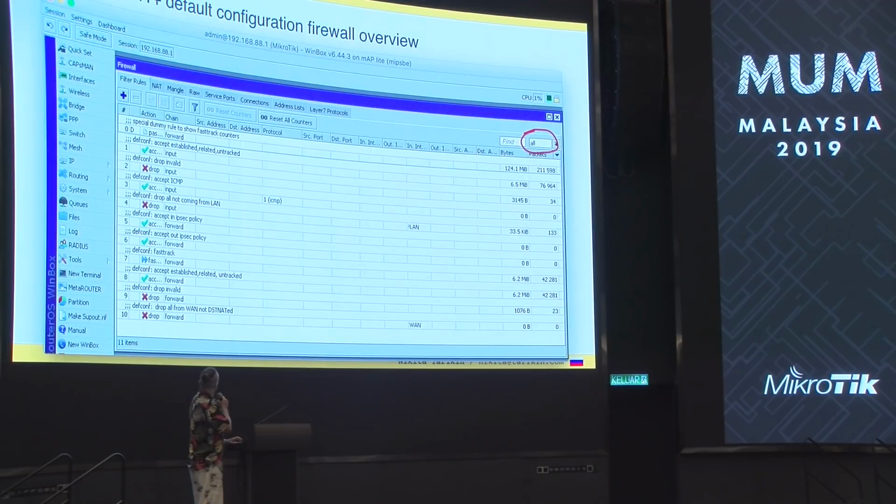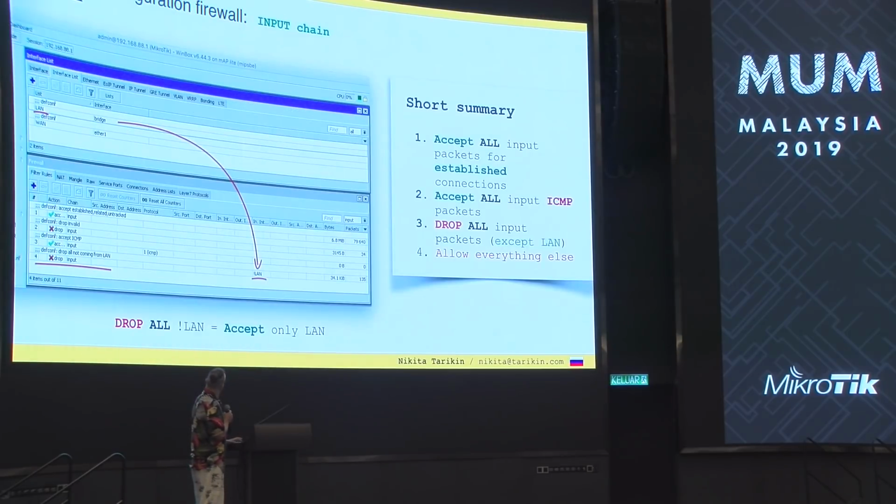Okay, so this is back to the default firewall. That's how it looks like. Short summary. MikroTik will accept all input packets for established connections. MikroTik will accept all input ICMP packets.